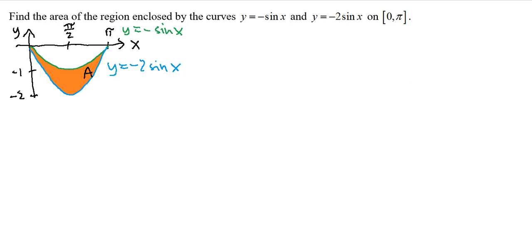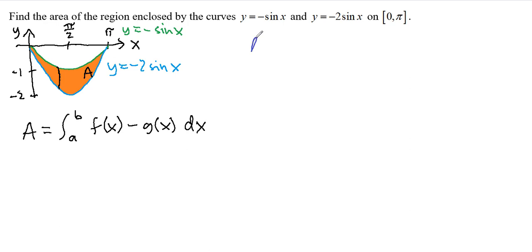Let us indicate on the diagram that we have decided to integrate with respect to x by drawing a vertical bar on the region. In general, we have that the area between two curves f and g, say, is equal to the integral from a to b of the upper curve f of x minus the lower curve g of x, integrated with respect to x.